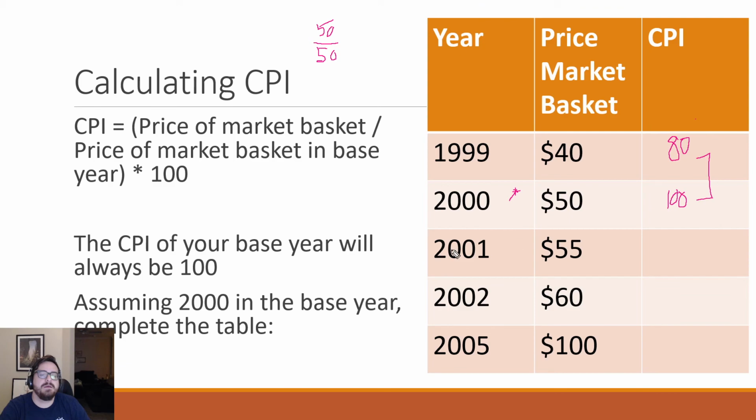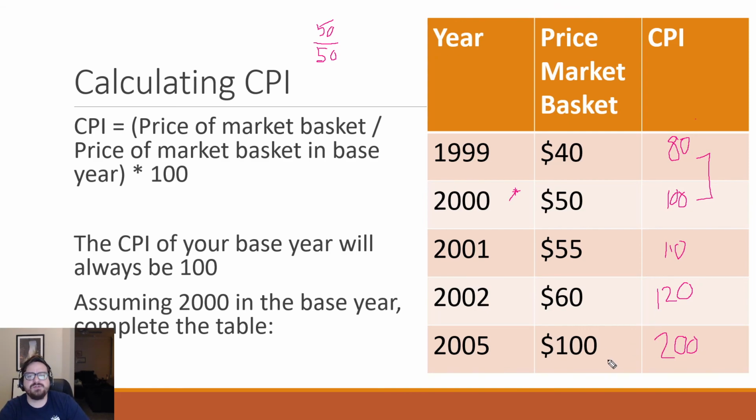Got it. Looking forward, 55 over 50 times 100, that should just be a number that I could think of in my head, but I'm not going to. It's 110. This one's 120. This one is 200.